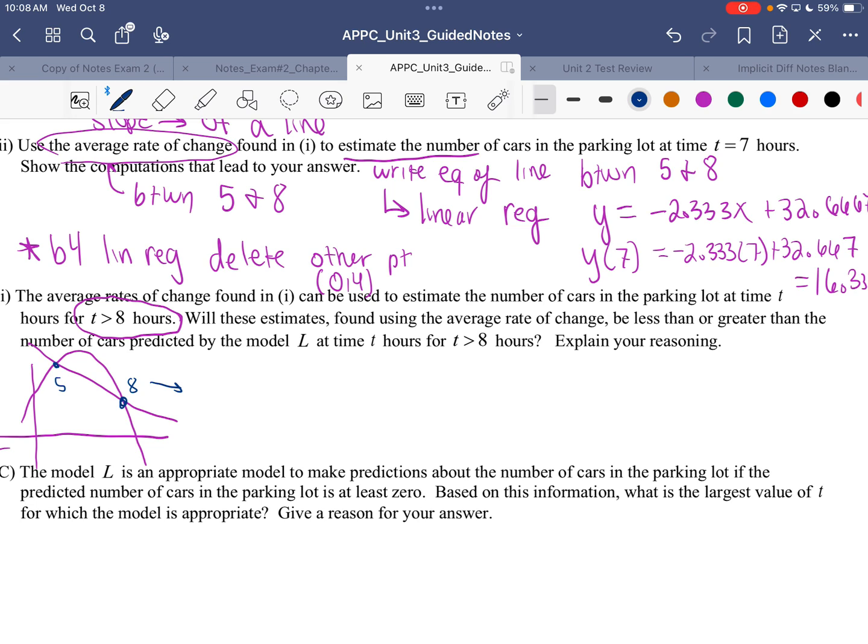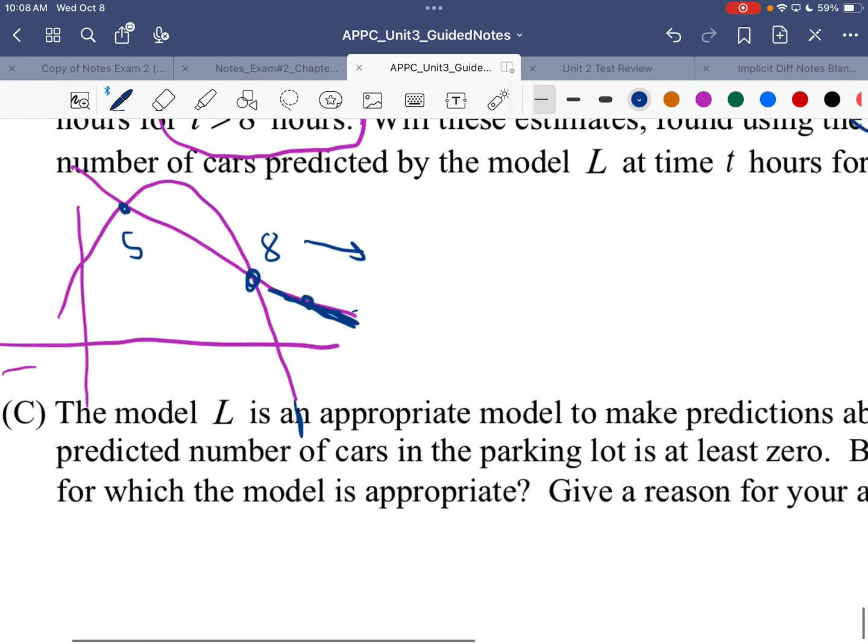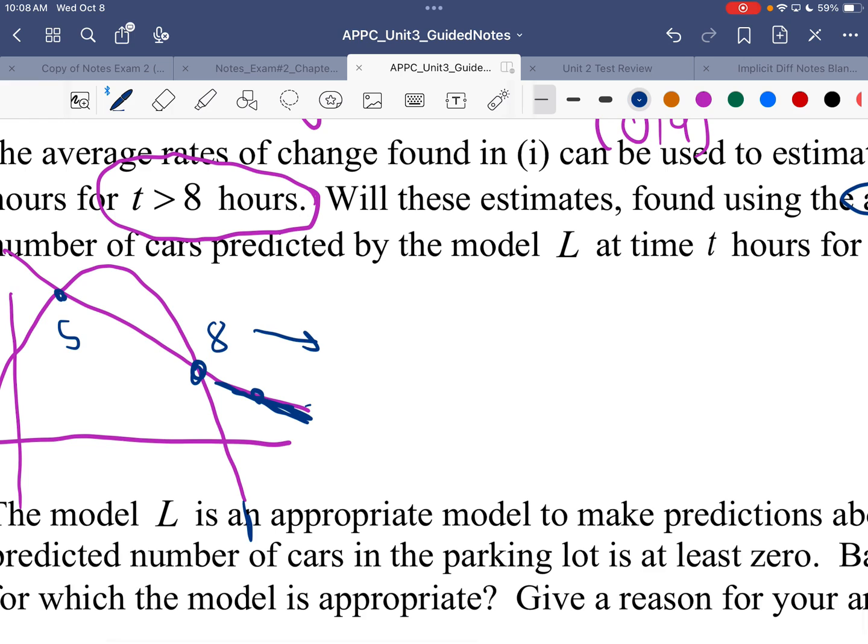Will the estimates found using the average rate of change, so found using the line, be less than or greater than the quadratic model? Every point on this line more than 8, are they more than the quadratic or less than the quadratic? To me, it looks like the line is above the quadratic forever.